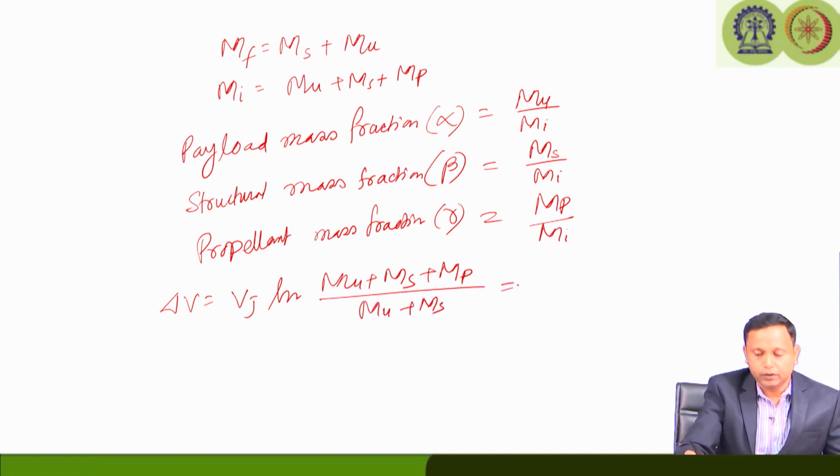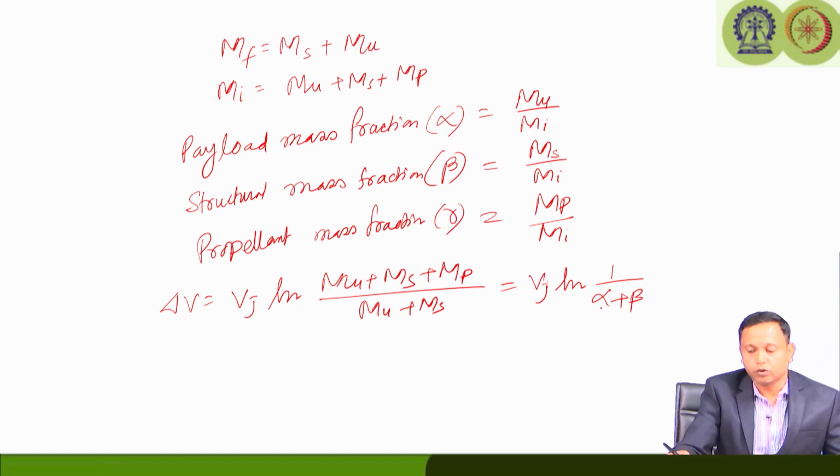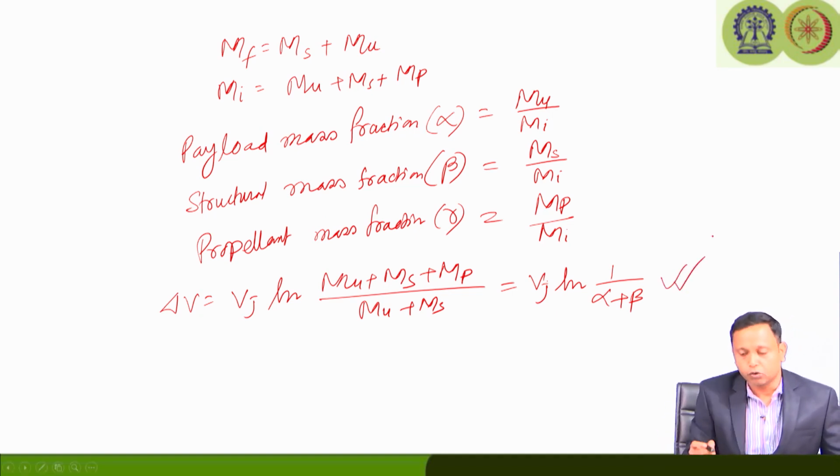We can write Vj into ln of 1 by alpha plus beta, because mu plus ms plus mp is mi. If you put this in the denominator, we get the payload mass fraction and the structural mass fraction. Okay. I think these are the important equations from the previous one and this one.